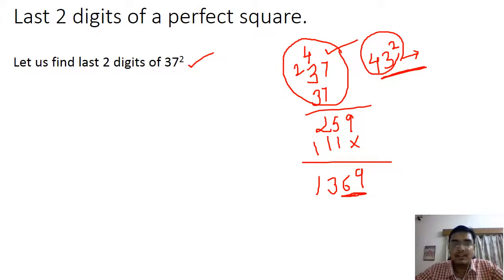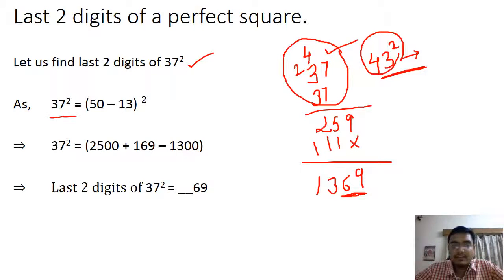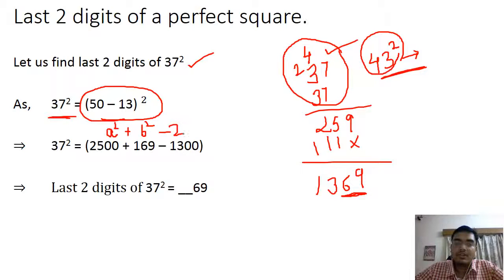Let us see. We had 37 square. I could have written it as (50 minus 13) whole square. Now using the property that (a minus b) whole square is a square plus b square minus 2ab, in place of a square we get 2500, because a is 50, so a square is 2500.